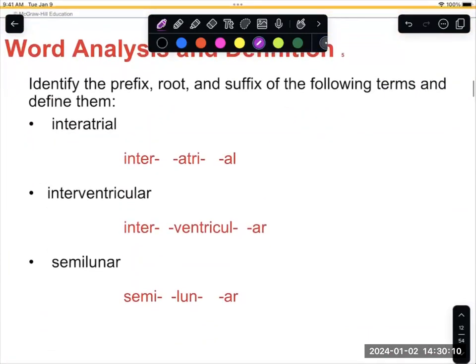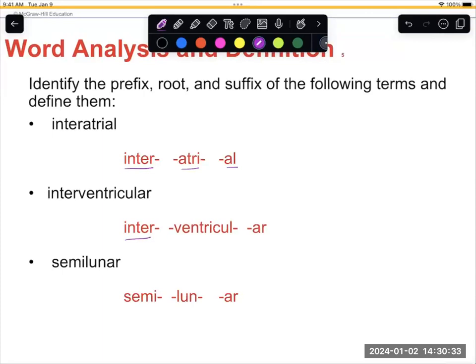So interatrial: inter is my prefix, atrial, al is my suffix, means between the atria of the heart.